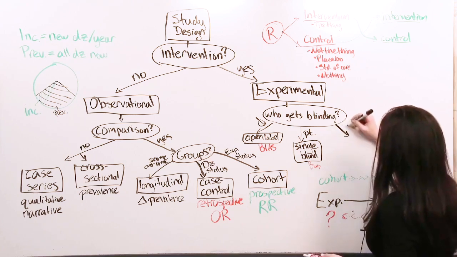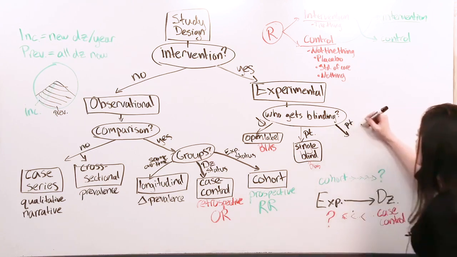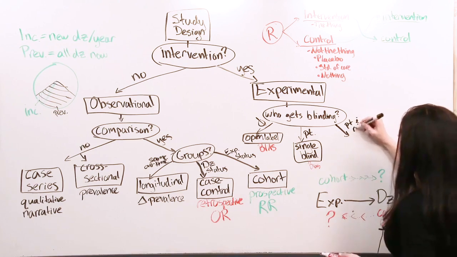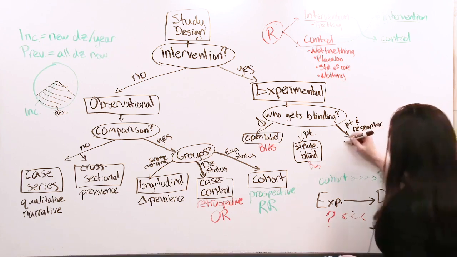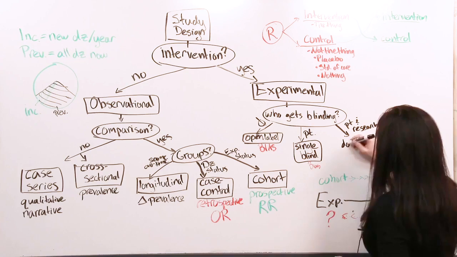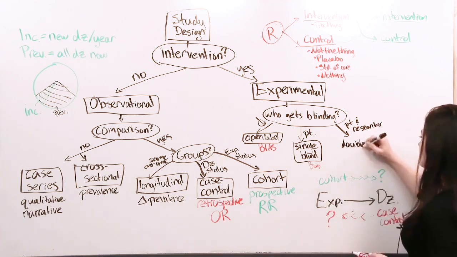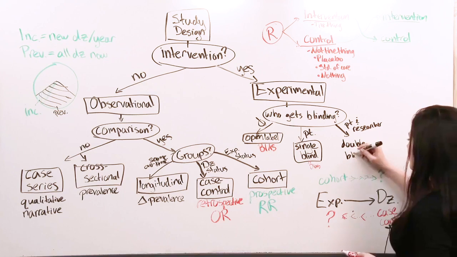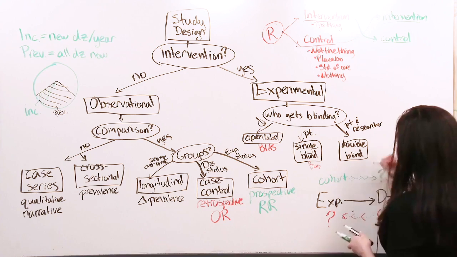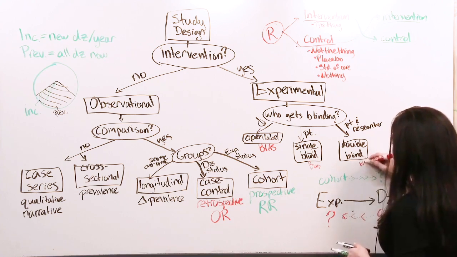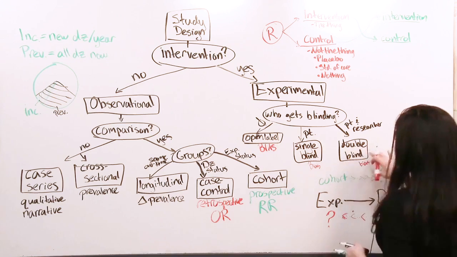So better still is if you can blind both the patient and the researcher. This results in a double-blind study. These are most preferred because they have the least amount of bias of these three study designs.